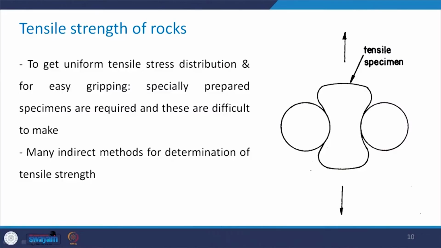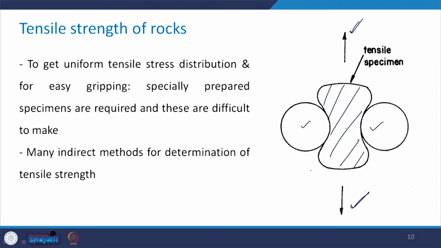Take a look here at this, and then you will realize what I mean to say, that it is difficult to make a special shaped specimen. In order to get uniform tensile stress distribution throughout the specimen and for easy gripping, we need to prepare these specimens specially, and these are so difficult to make.